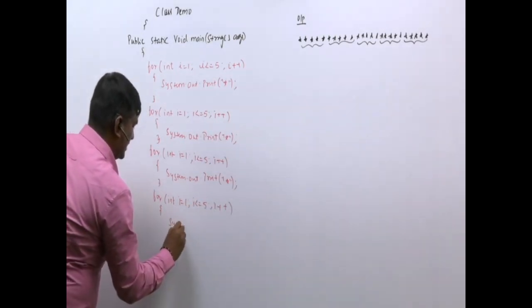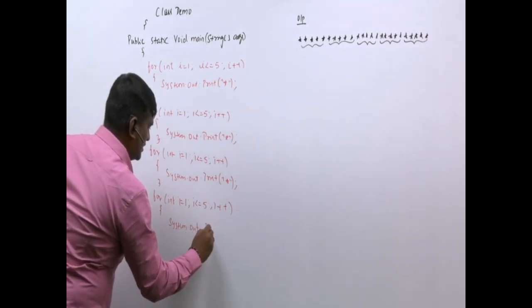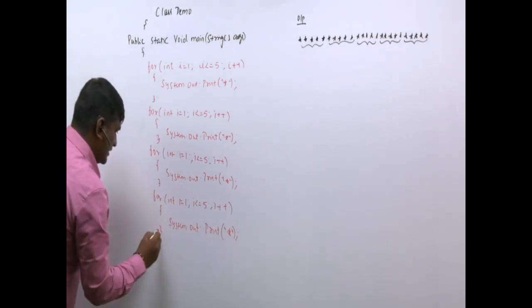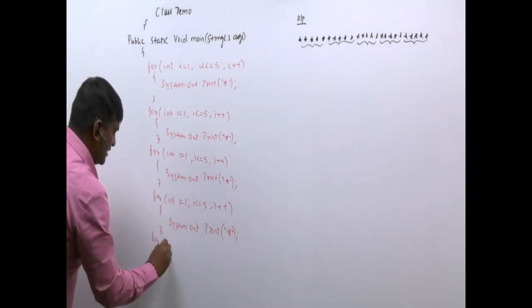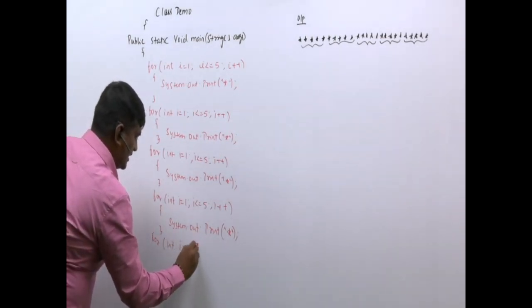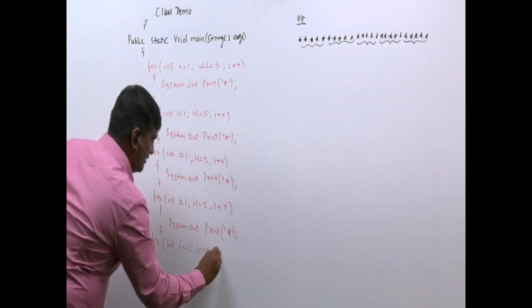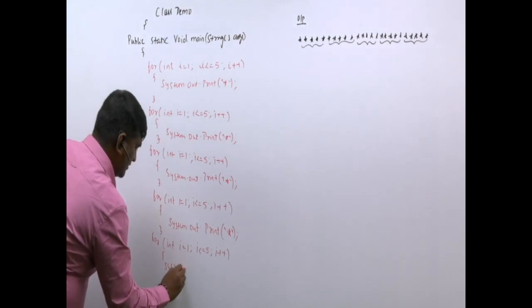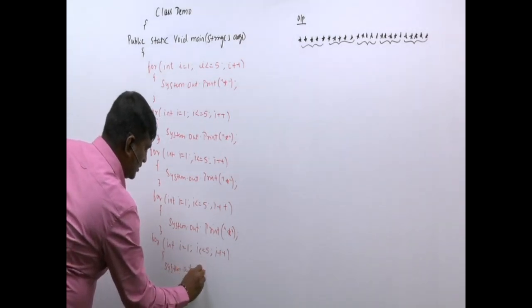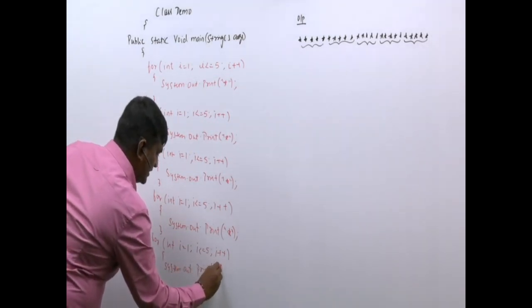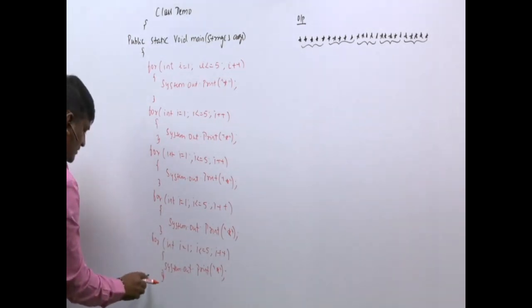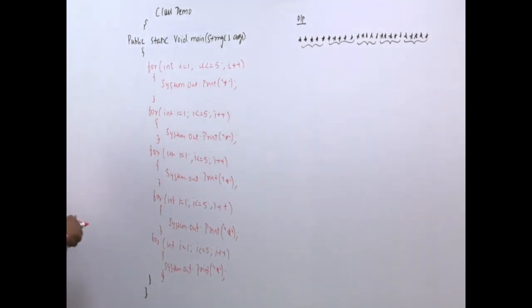Inside this again, System.out.print star. And for the last time, for int i equal to 1, i less than or equal to 5, i plus plus. Inside this, System.out.print star. This is the closure of the main method, and this is the closure of the class.